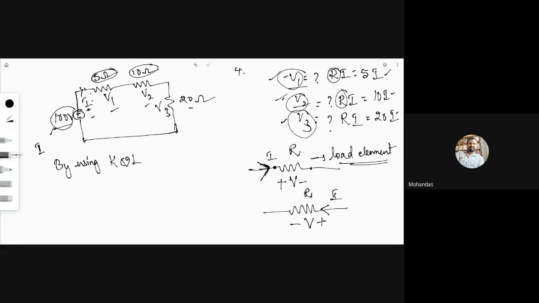How should I give this polarity as the current is flowing in the clockwise direction? Initially, these are the two polarities of this branch element. Which sign should I give for this V1 here? As the current is entering. Please respond now.